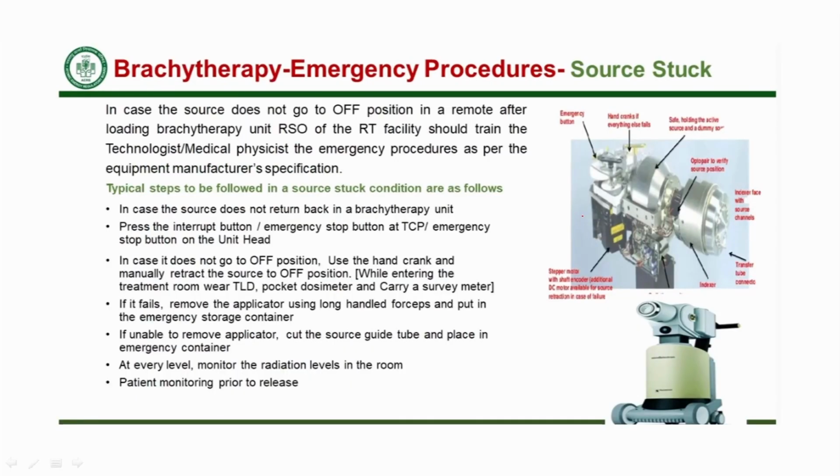Then for the brachytherapy emergency situation, this is the internal view once you remove the cover from the brachytherapy unit. Here there is an active source and a dummy source. In a brachytherapy machine there are two sources: one is a dummy source and one is an active source.